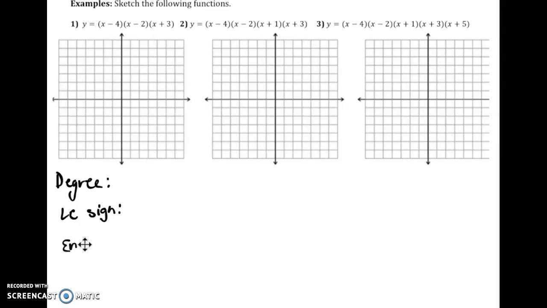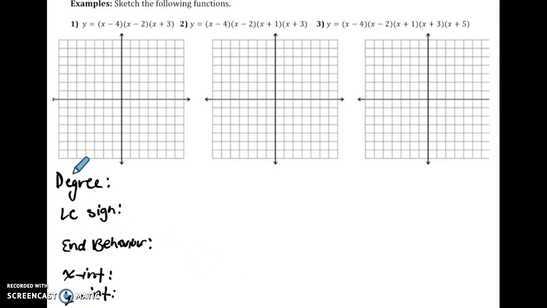We're going to want end behavior, and I'll shorten that to EB most of the time. We're going to want to state the x-intercepts, and we're going to want to state the y-intercept. And once we have all that information, we're going to be able to sketch this graph pretty accurately. I say pretty accurately because there is going to be a little bit of hand waving going on. But to properly sketch the graphs, we need calculus, so we're not quite there yet.